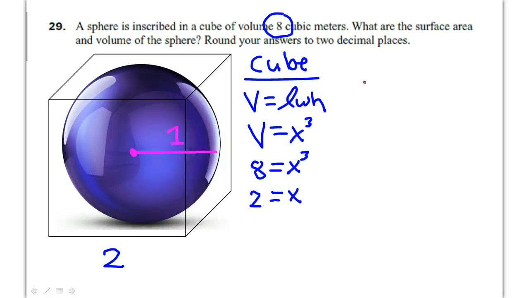Alright, so if the side of the box is 2, that would be equivalent to the diameter of the sphere. So if the diameter is 2, then the radius is going to be 1. Now, what were we being asked to find? Let's see. The surface area and the volume of the sphere.